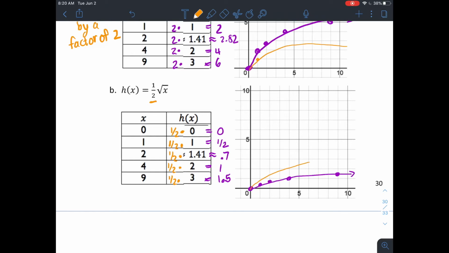So it is going to be shorter and flatter than my original function. That is called a vertical shrink or a vertical compression by 1/2, or by a factor of 2, because it basically shrunk it vertically. It's only half the height of my original.